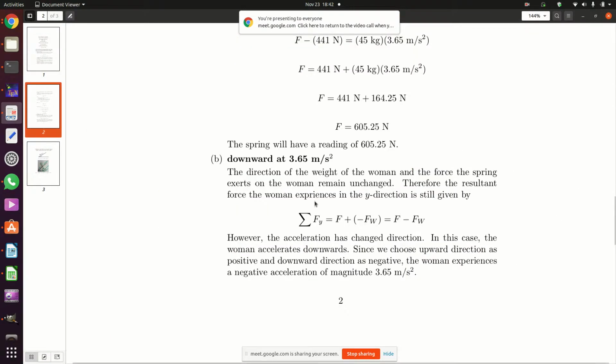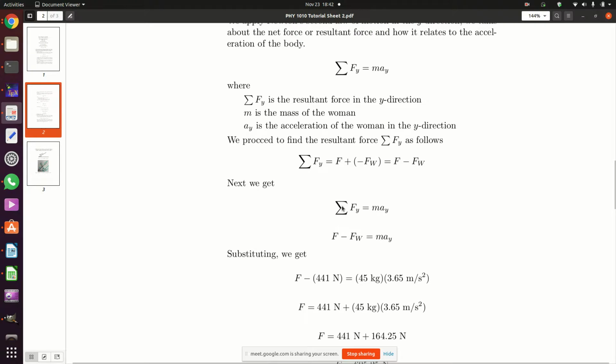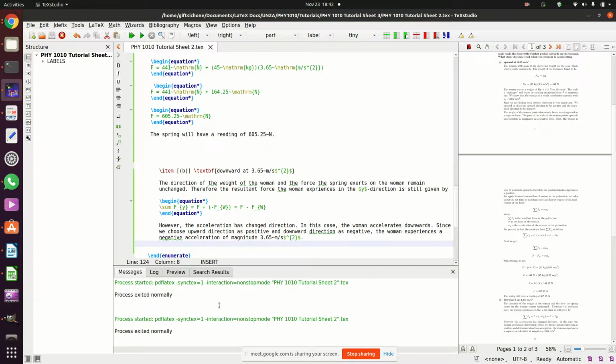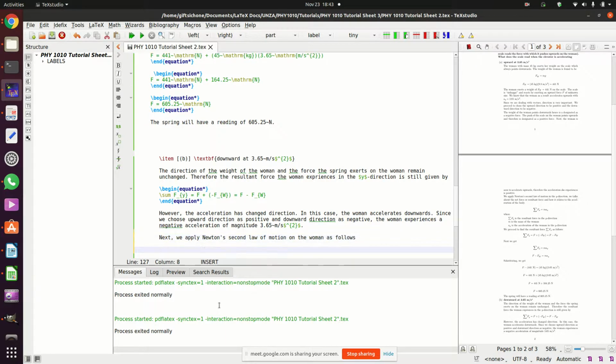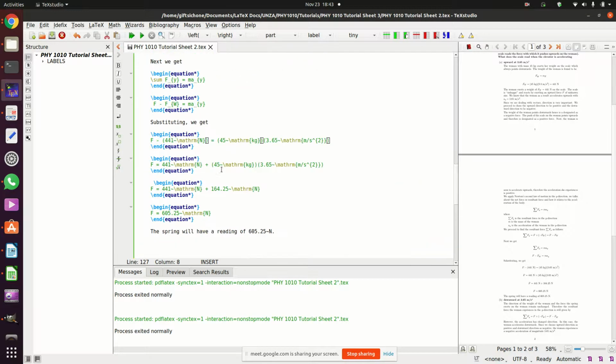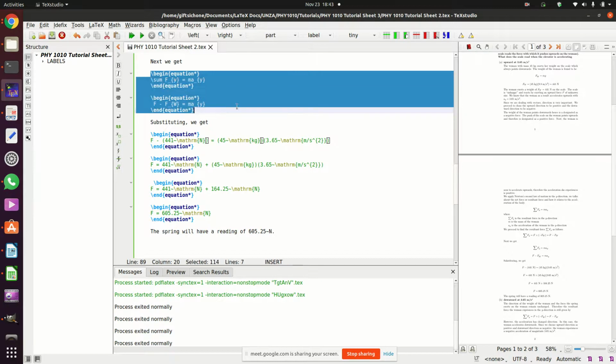So next we have to apply Newton's second law of motion on the woman as follows. We have to do these bits.